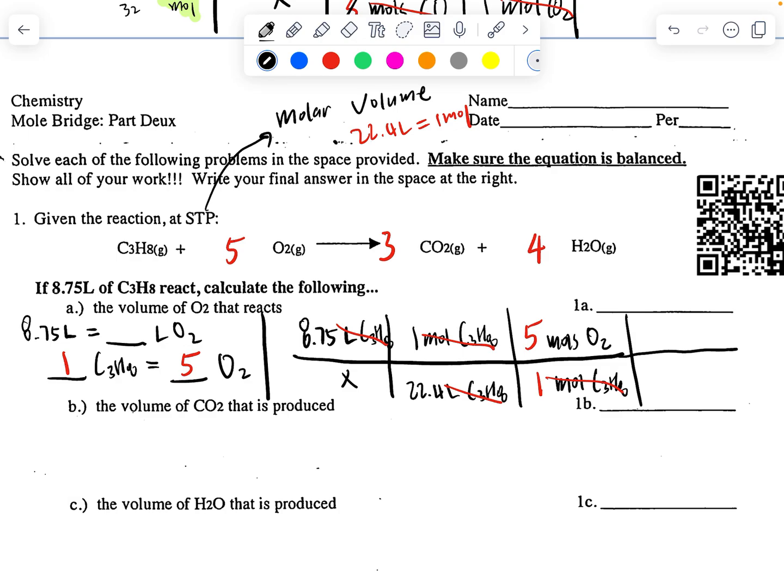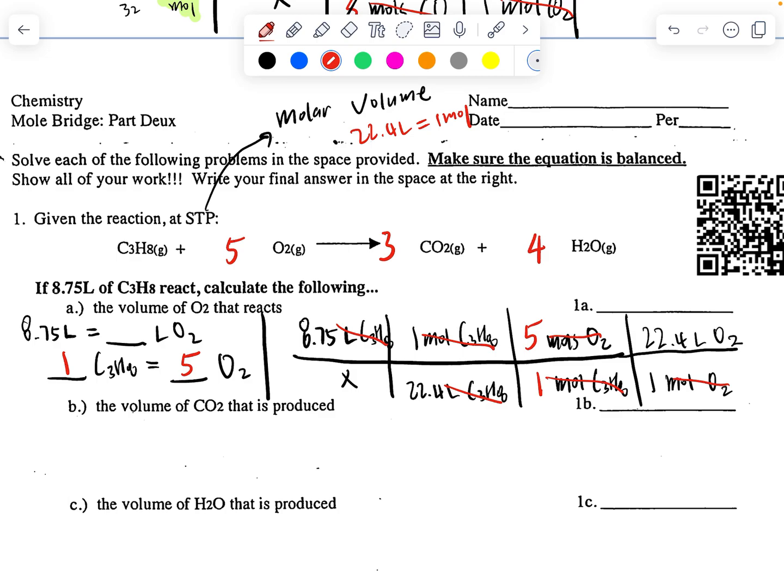We good? All right. So now I want to make sure that I have everything in terms of liters. So here's what I'm going to have to do. Convert from moles to liters. You're going to have to use the molar volume equation again, right? So that's simply 1 mole of O2, 22.4 liters of O2. That's it.